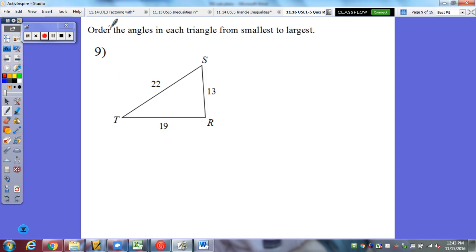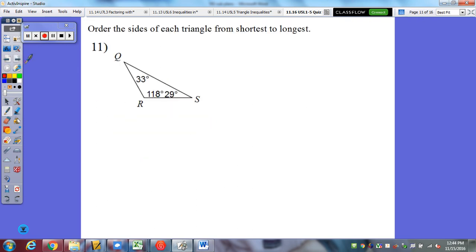Ordering the angles from smallest to largest. Again, across from the largest angle is the largest side, and from the smallest angle is the smallest side. So if I'm ordering my angles from smallest to largest, I'm going to go to the smallest side and look opposite from it. We have angle T, we have angle S, and then we have angle R. Same thing with the sides.